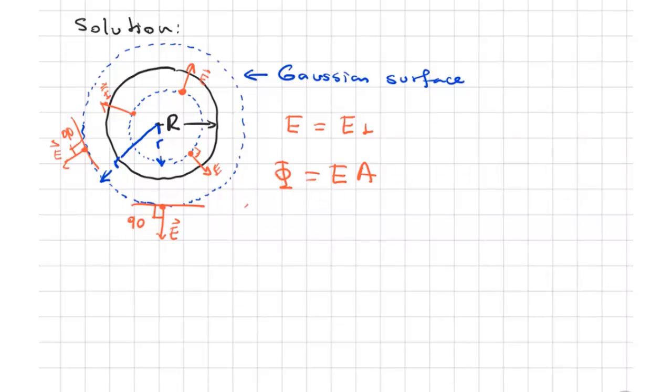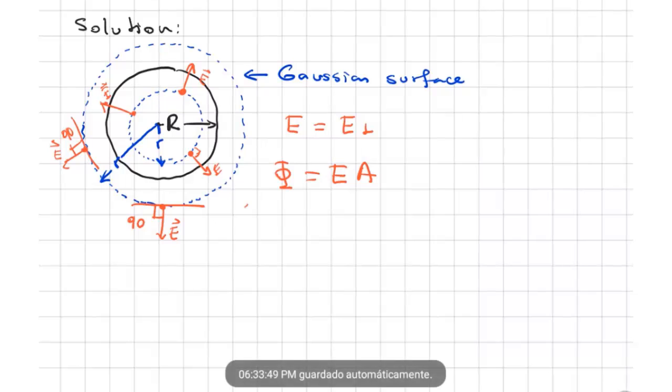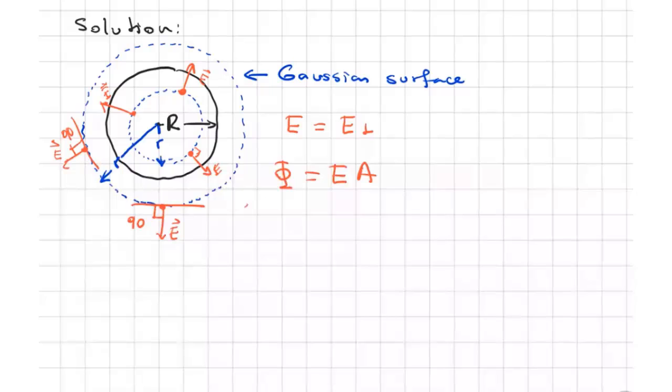In this case, we are trying to calculate first the electric field inside, when r is smaller than the radius of the sphere. Okay, so to find the electric field inside the sphere, we choose this radius smaller than the radius of the sphere.